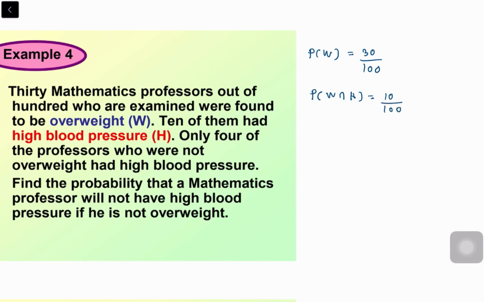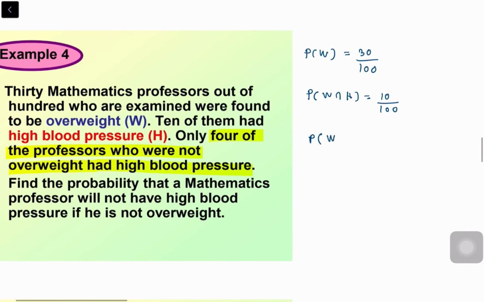And lastly, 4 of the professors who are not overweight had high blood pressure, so the probability of W complement intersect H is 4 over 100.